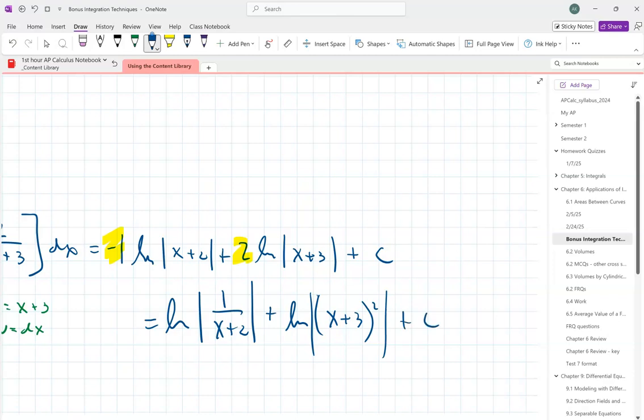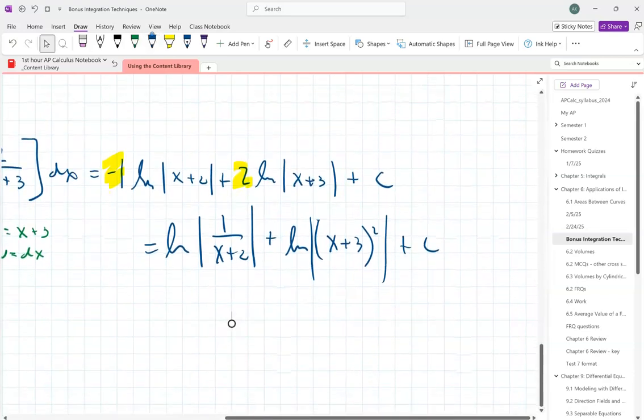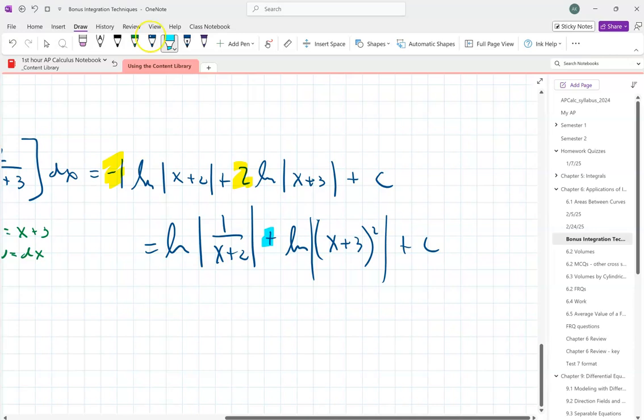Now, the absolute value of x plus 3 squared, do I still need the absolute value there? Why not? Because it's squared, so it's always going to be greater than 0 anyway. So that's fine. And then what does addition between two logarithms allow us to do? Multiply them.